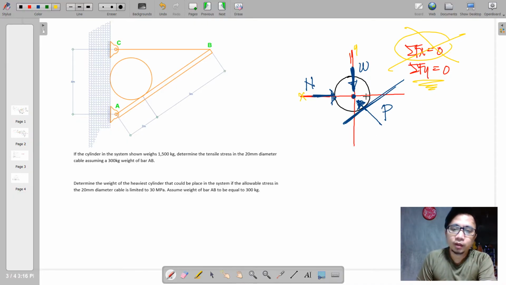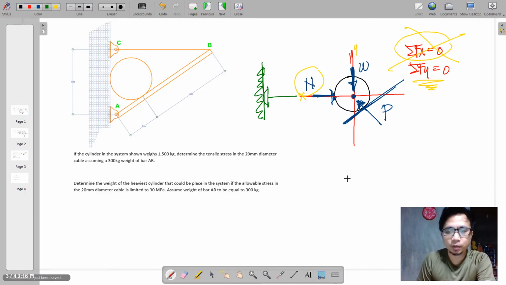Why is that? Because we are actually getting here W. We are not concerned with the normal force here because, by action and reaction, this normal force will just be transferred to the wall, and we are not concerned with the wall. So our point of concern is actually P. Why P?